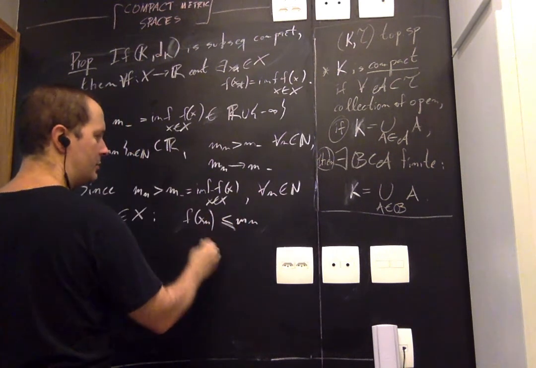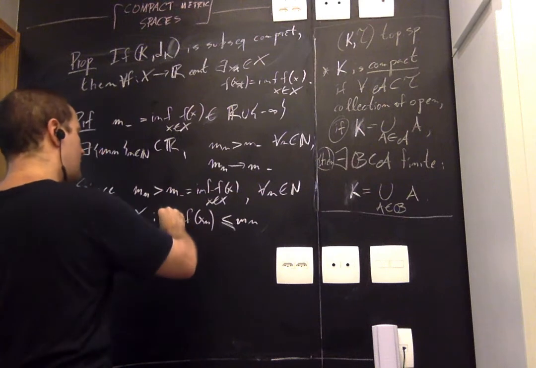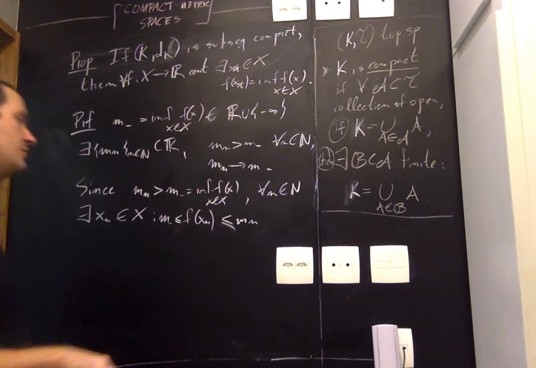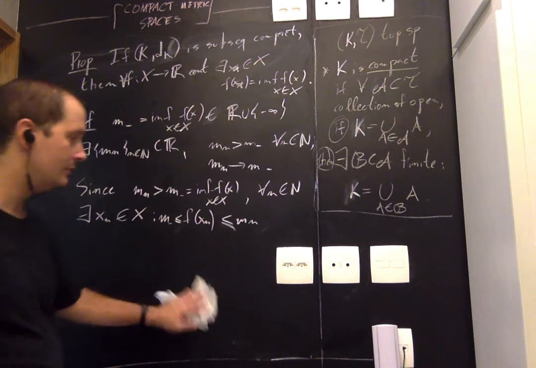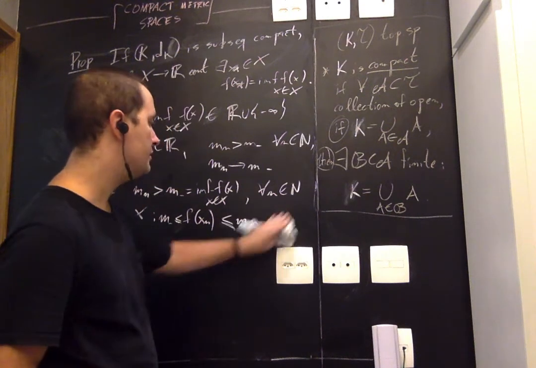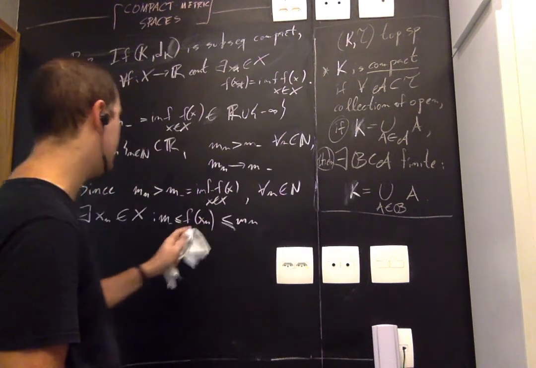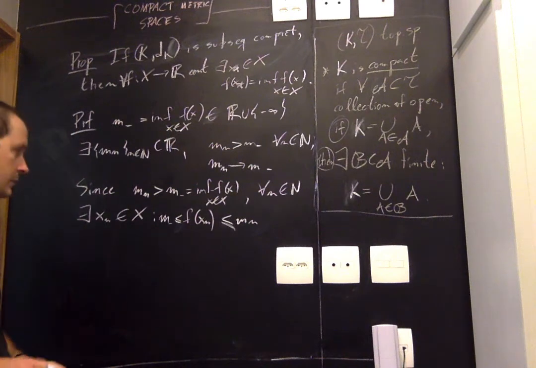Let's say less than or equal because it doesn't matter. And of course, this value also has to be greater than or equal to the infimum. The infimum is a lower bound, so all values of f over K are lower bounded by the infimum.